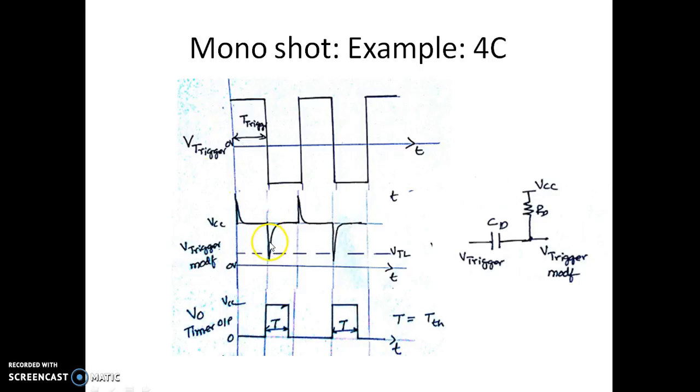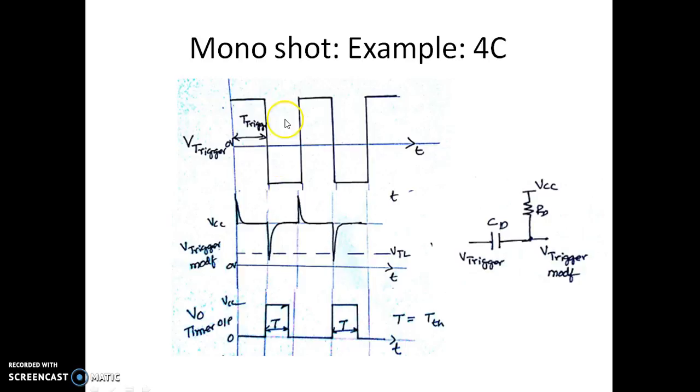We know that when the voltage goes below VTL, the output of the 555 timer will go to the quasi-stable state and remain for a predefined time of T. Now this T exactly matches the theoretical value because we are making sure that the trigger signal is not there for a longer time. So this T is purely decided by the R and C of the external circuit.